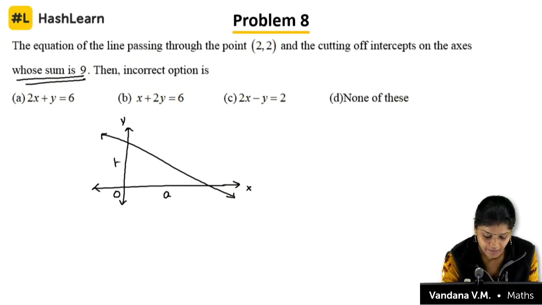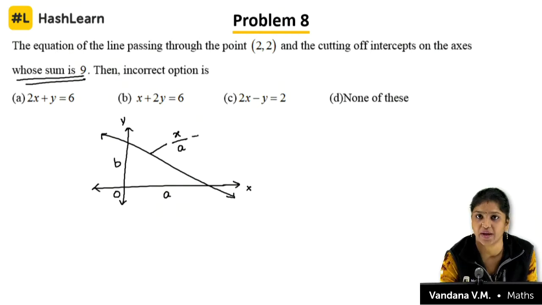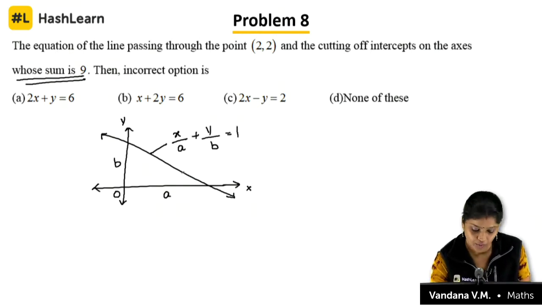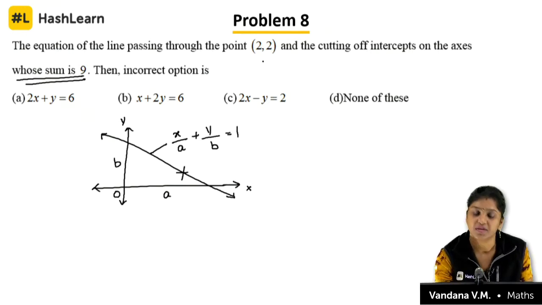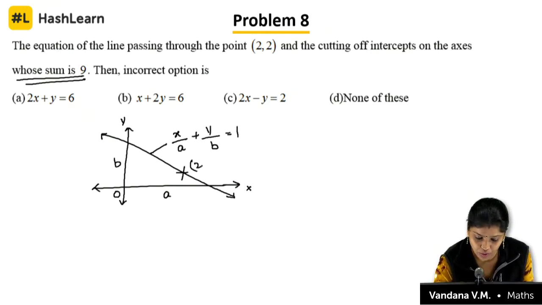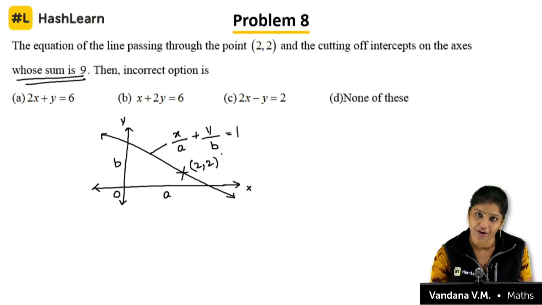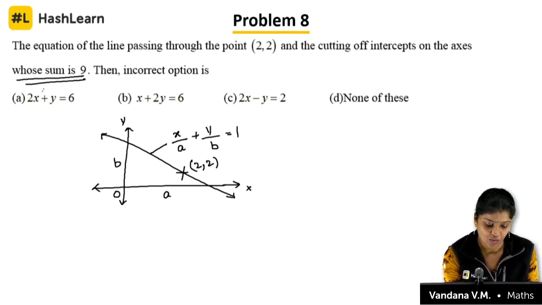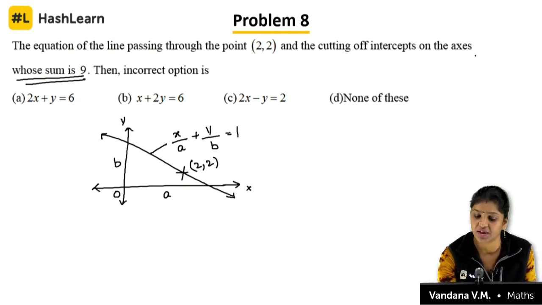A and B. So, obviously, I can write the equation as x by A plus y by B is equal to 1. And one more information they gave, this is passing through 2, 2.